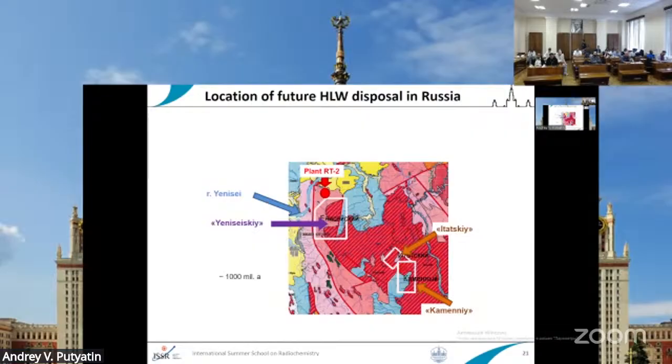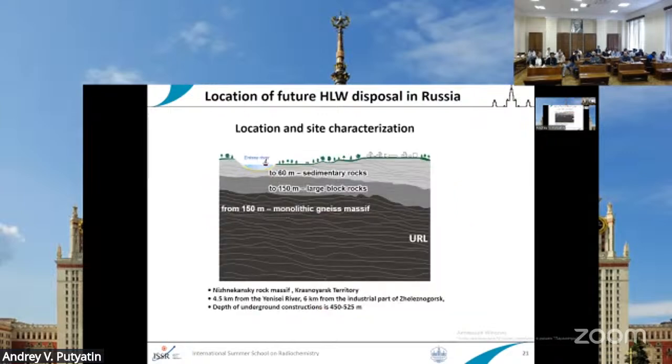But investigations showed that these cracks are not connected to the surface. They are closed inside this site, and they will not affect the safety of the site in general. From 150 meters, it is monolithic, massive gneiss.